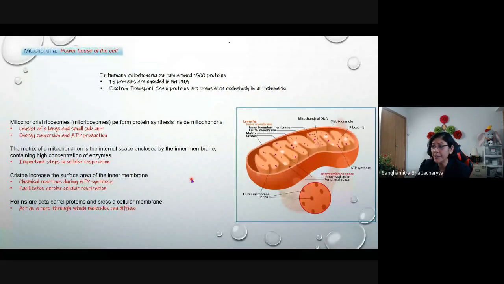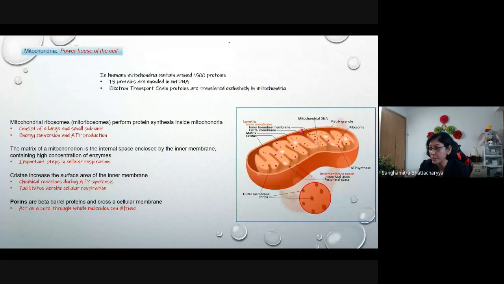Now, the other important function of these ribosomes is that they translate mitochondrial mRNA encoded in the mitochondrial DNA and finally help in ATP production.